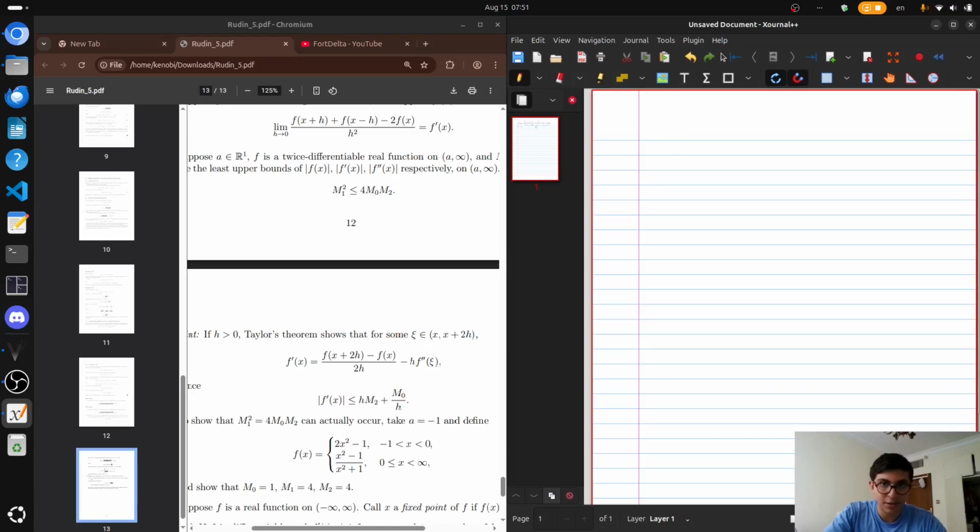By Taylor's theorem, we can take f of x plus 2h is equal to f of x plus f prime of x times 2h plus f prime prime of x over 2 times 4h squared, because it's 2h squared this time.